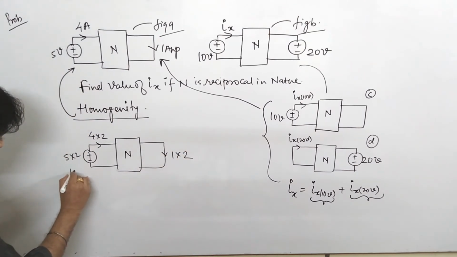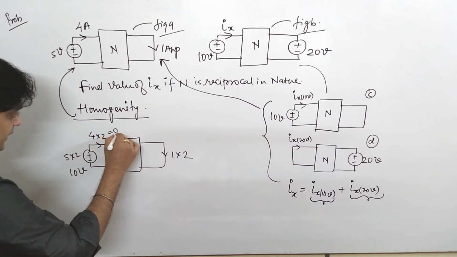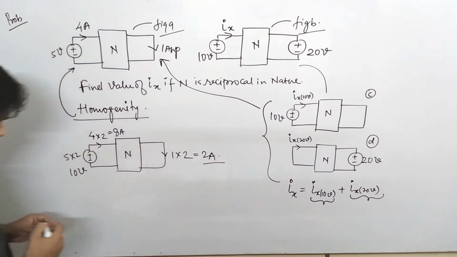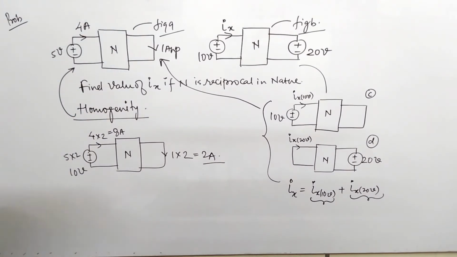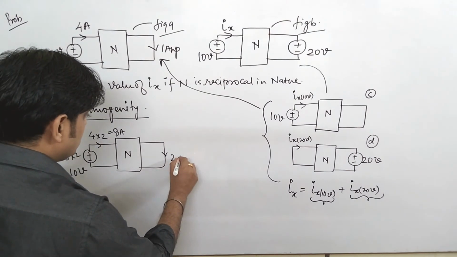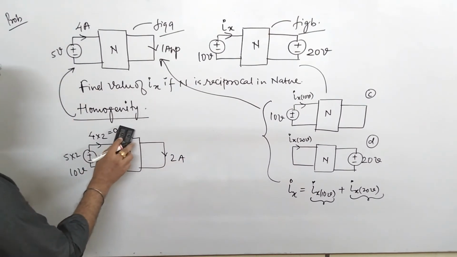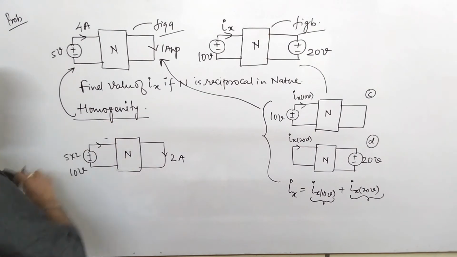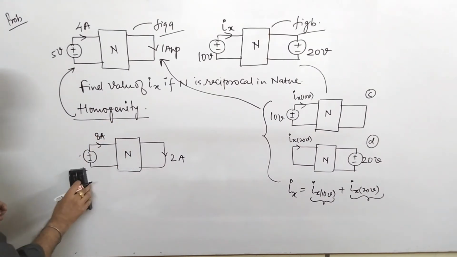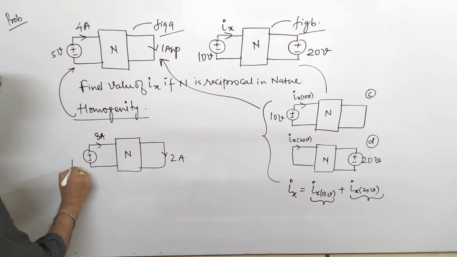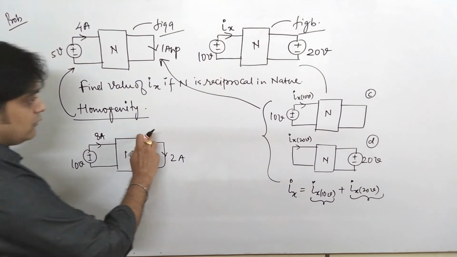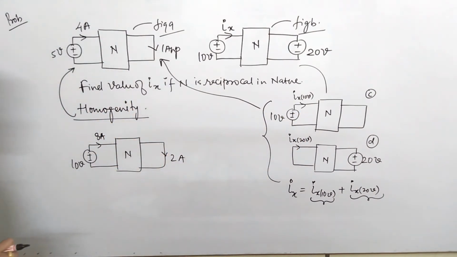So this will become 10 volt, this will become 8 ampere and this will become 2 ampere. So I can say that now the current flowing here is 2 ampere, here it is 8 ampere and the voltage is now 10 volt, just by scaling that factor.